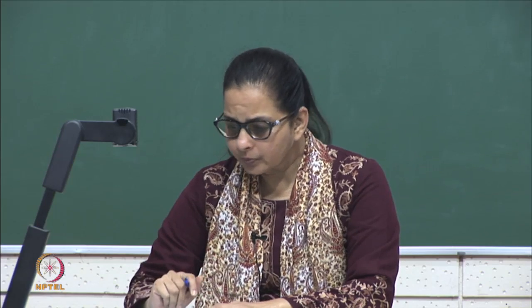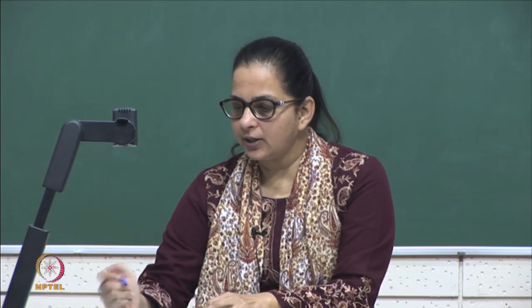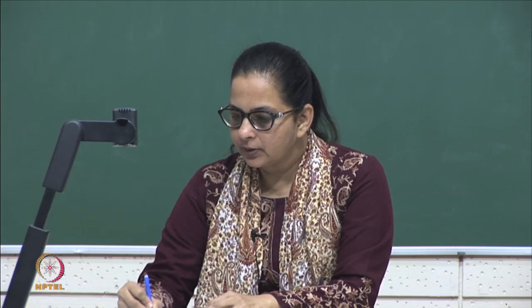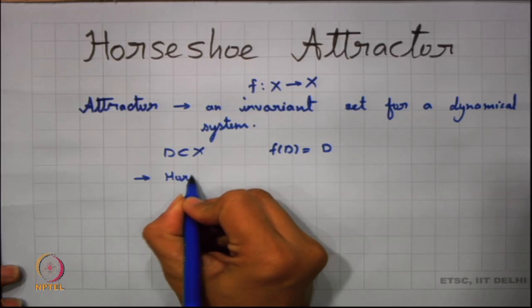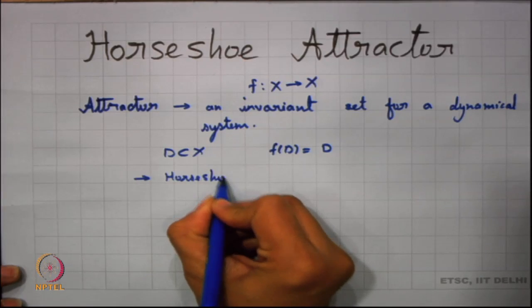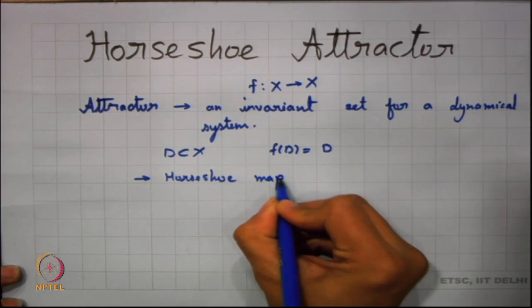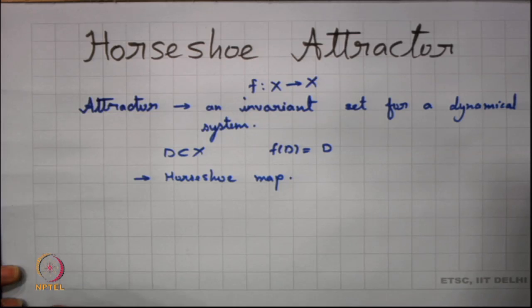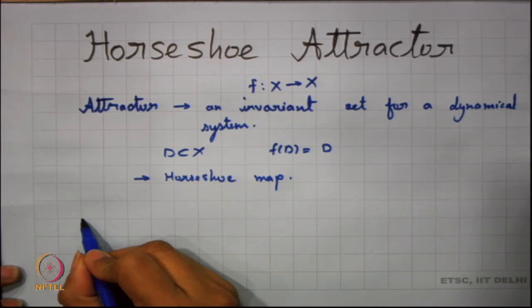Now, if you recall, last time we have seen what a horseshoe map is. We had noticed that the horseshoe map is of this form.